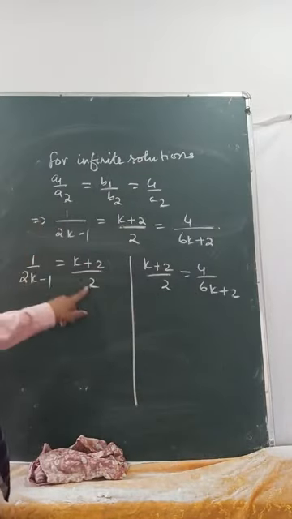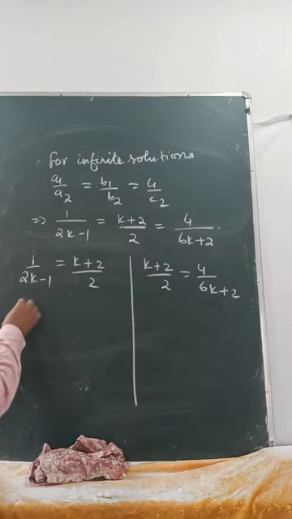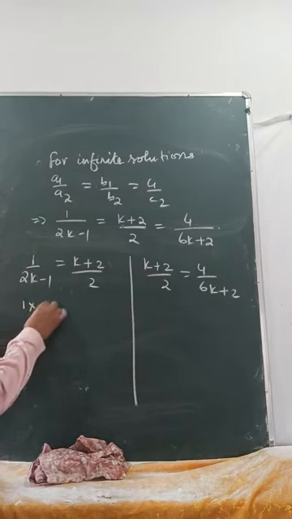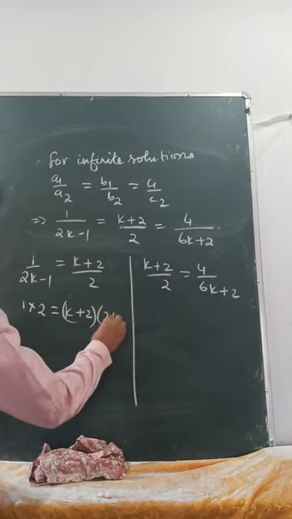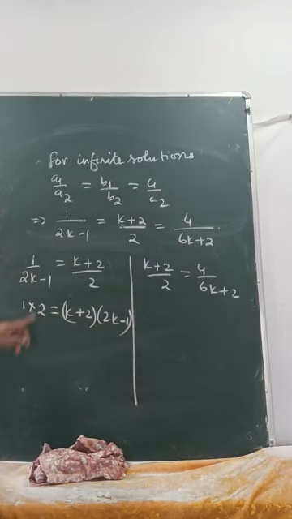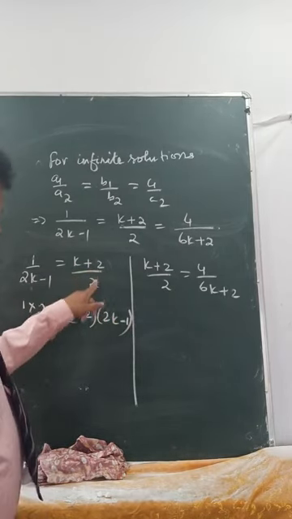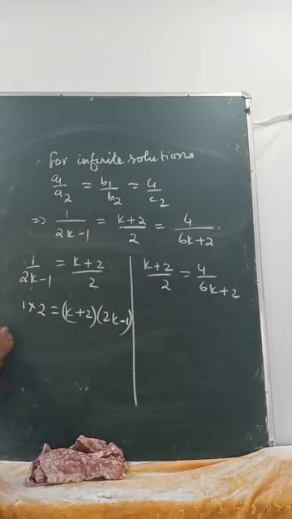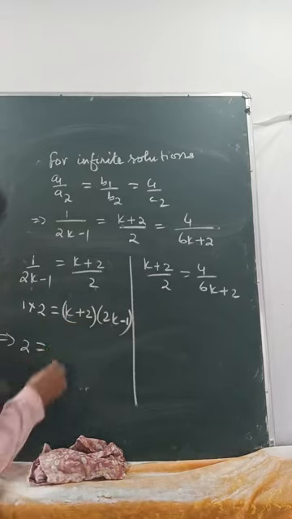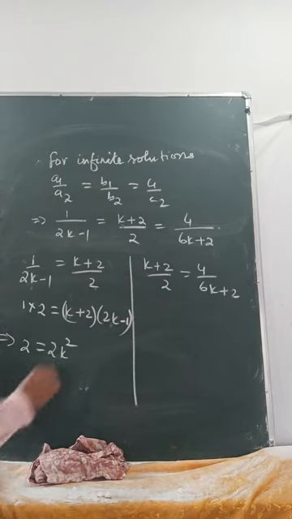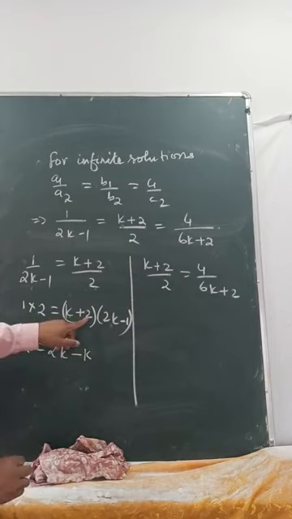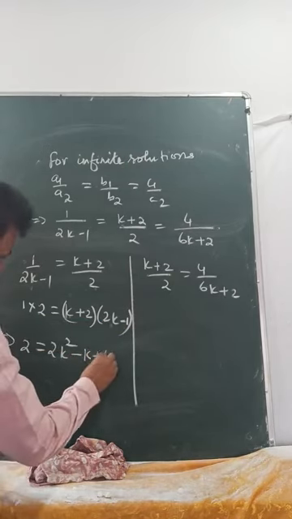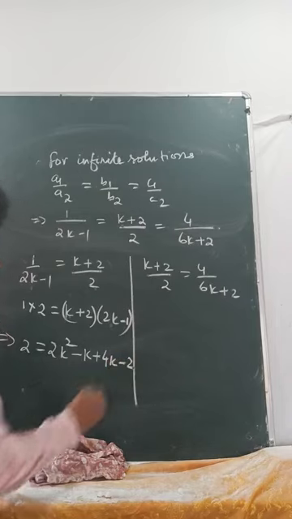Okay, how to solve this? Do a cross multiplication. 1 into 2, equals (k + 2)(2k - 1). So this will be multiplied here, this will be multiplied here. So 2 equals k into 2k, 2k squared, k into -1 is minus k, then 2 into 2k is 4k, minus 2.